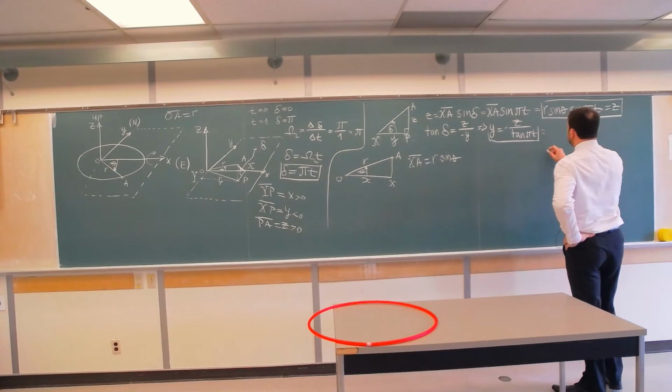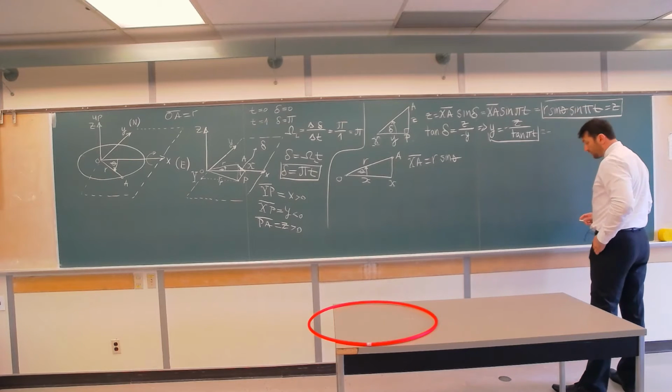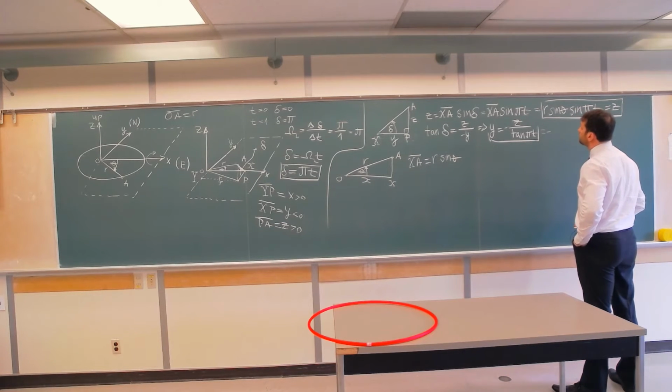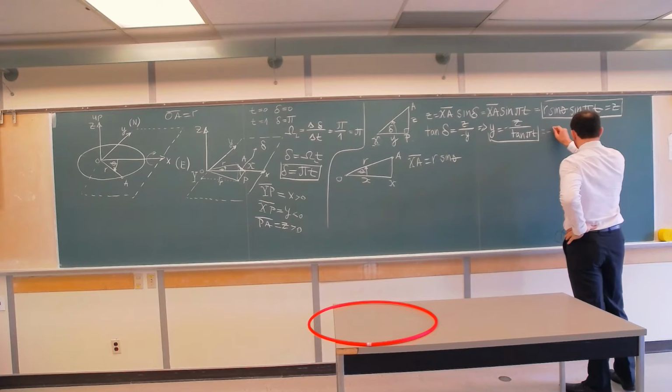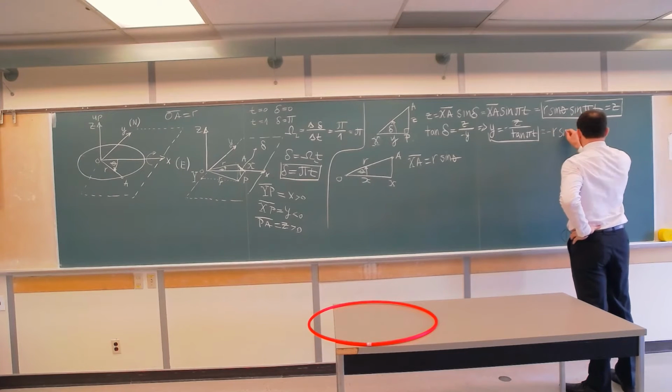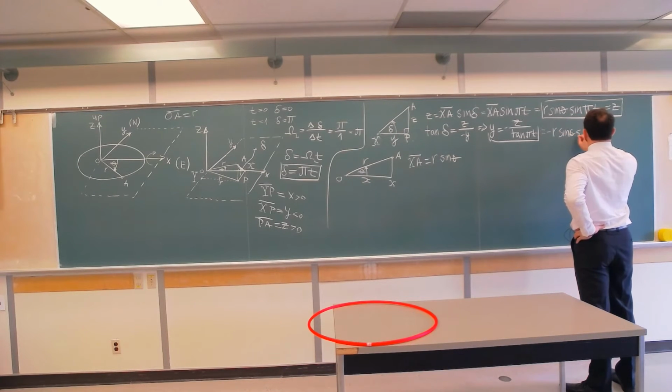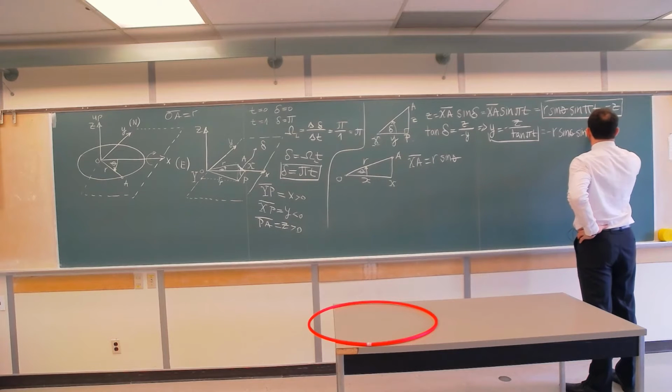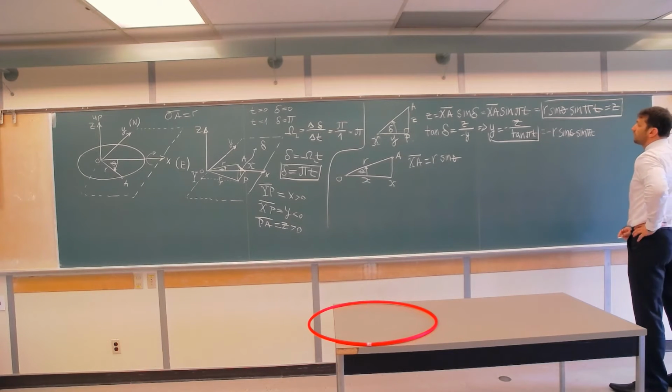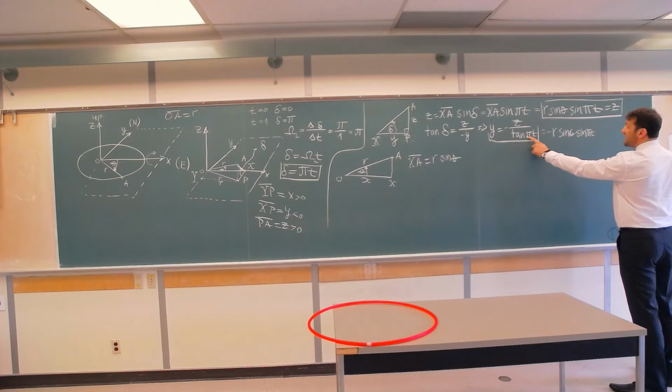So that will be equal to negative Z, which is R sine theta sine pi t, divided by tangent pi t, and that would be cosine pi t times sine pi t.